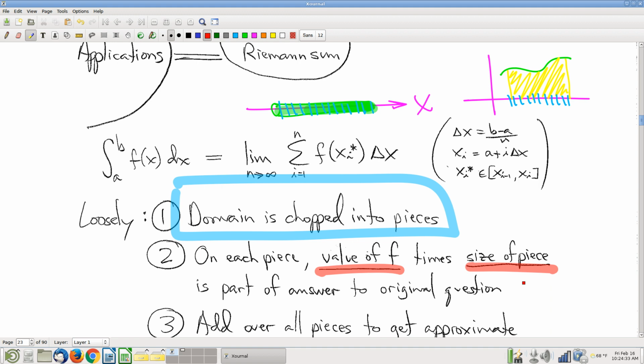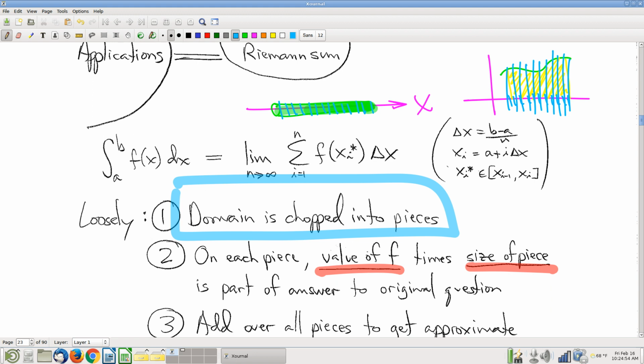On the other hand, here's a different application, this area under the curve application. Once you've taken this question and sliced it up into little pieces, slicing up the domain implicitly slices up the area as well. So on one of these little slices of area, what would be multiplied by delta x to get the area? Well, height.